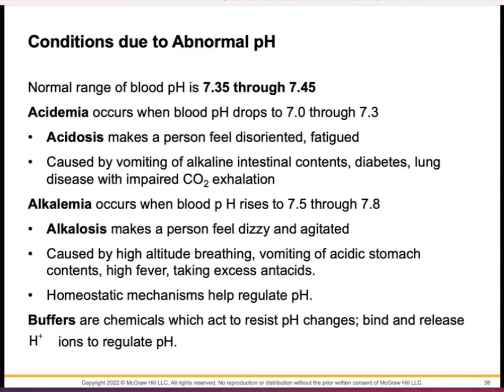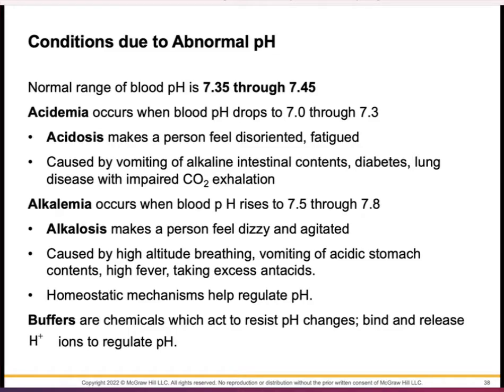This is critical because fluctuations up and down, whether your blood is too acidic or too alkaline, can lead to a life-threatening disorder. These disorders we refer to as acidemia or alkalemia. Acidemia is when the blood pH drops, going down from 7 through 7.3, so it becomes more acidic.